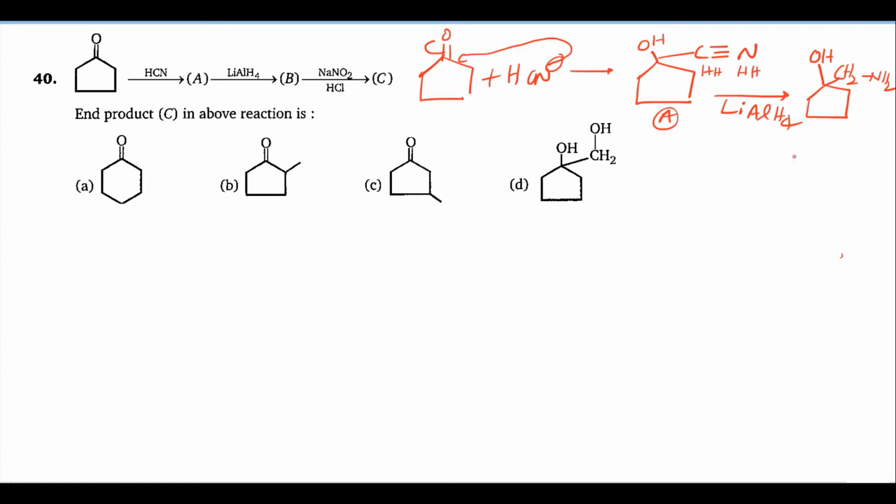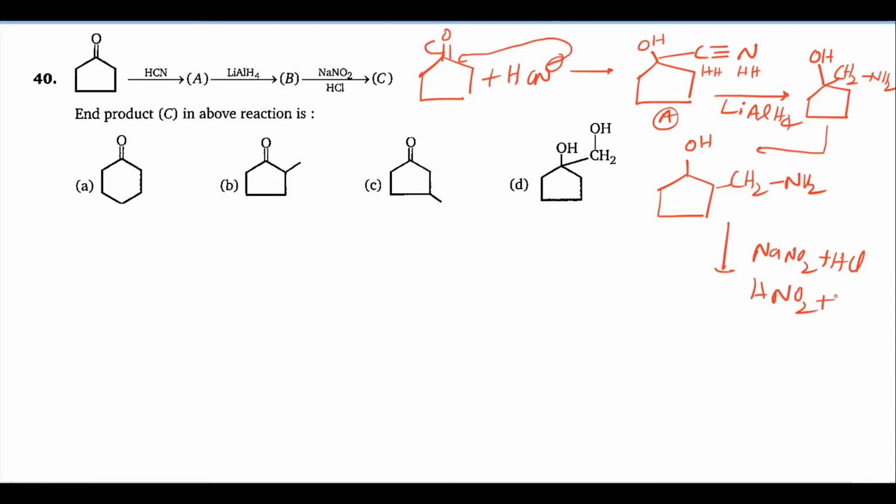The same thing I will write here. This is the ring. Here OH is already there. Here CH2 NH2 is forming. This is treated with NaNO2 plus HCl, which gives HNO2 and NaCl.